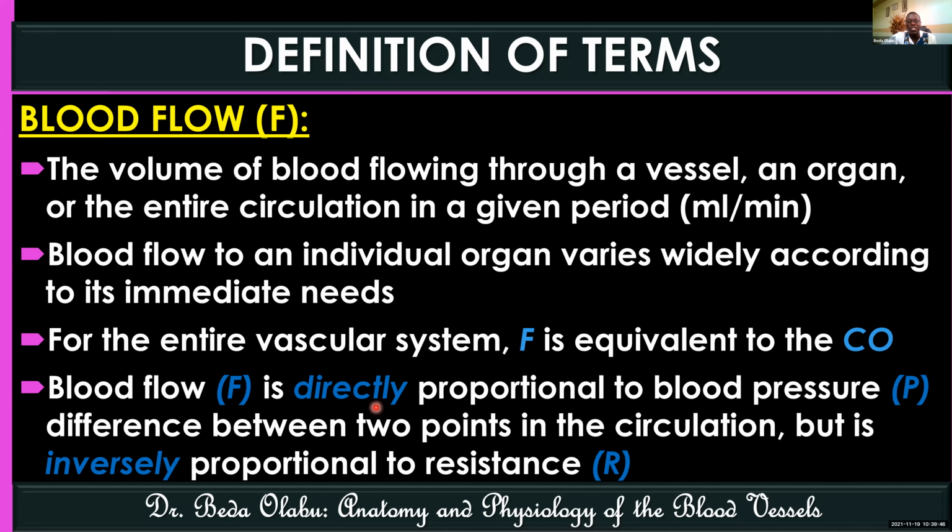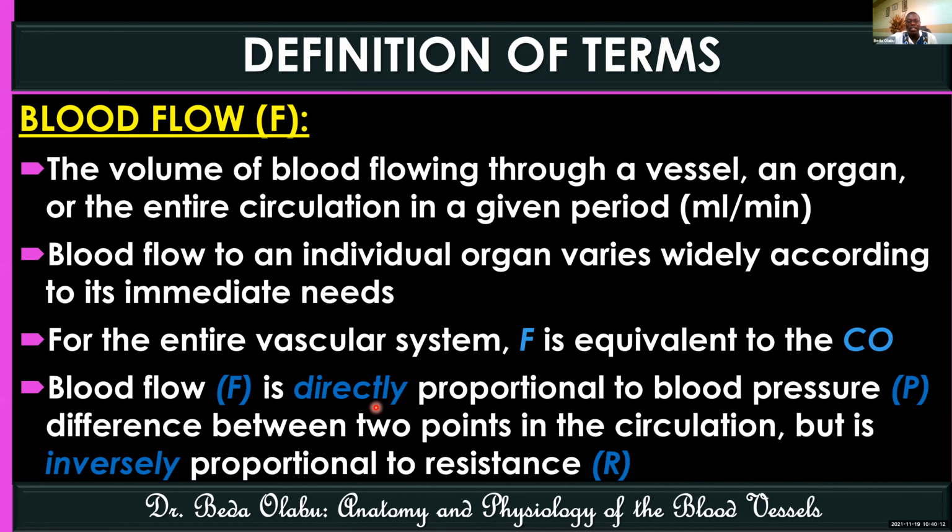So look at the pressure in the aorta, look at the pressure in the anterior tibial artery. The pressure difference between those ones will determine the blood flow. So if the difference in pressures are high, then the blood flow will be high. If there is 0 pressure difference, there'll be no blood flow.